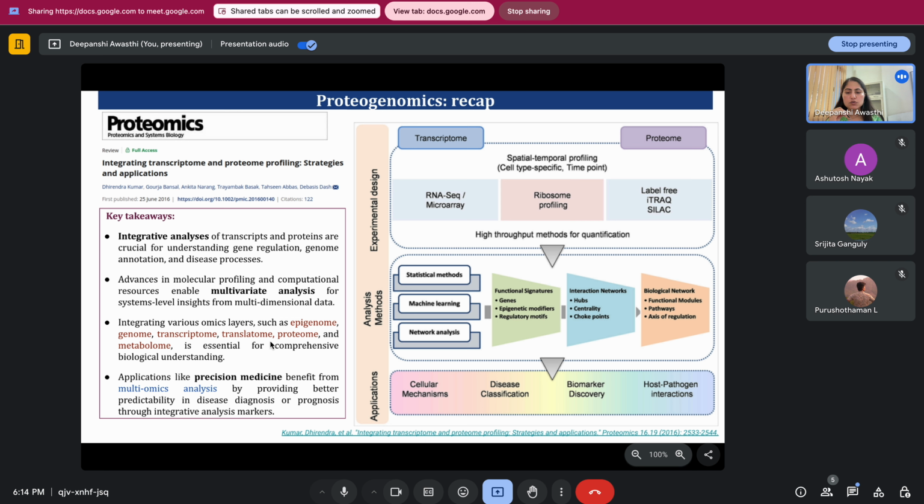But translatome is quite confusing, because the proteome is the protein which is present, but translatome appears to be a translational product. Transcriptome is composed of two words, transcript and ome, so you're looking at all the transcripts, all the mRNAs or all kinds of RNAs. But the translatome distinguishes from a proteome in only one aspect: translatome is the actively synthesizing protein.